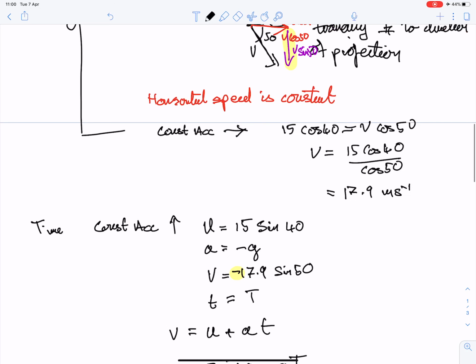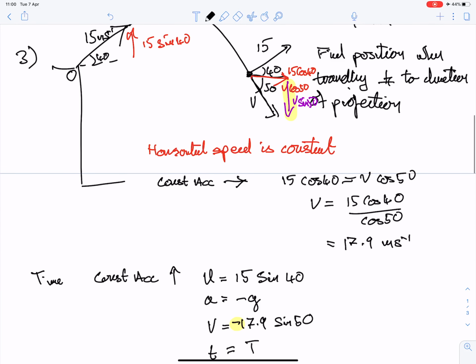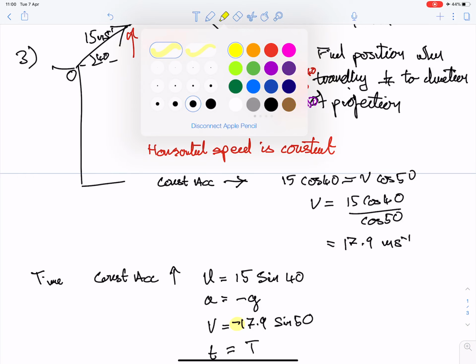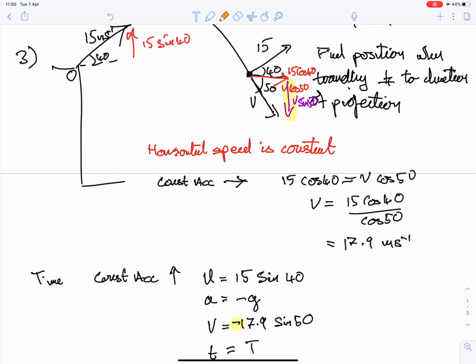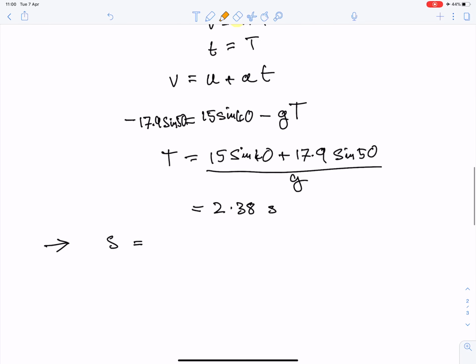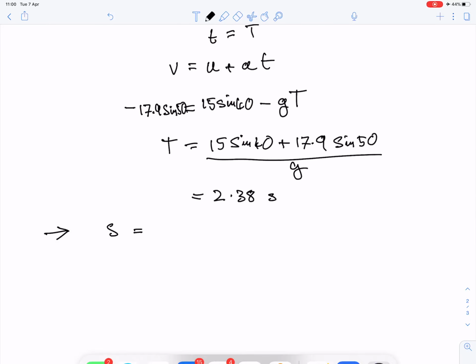We've already got the horizontal speed, haven't we? The horizontal speed is here, isn't it? 15 cos 40. So it's 2.38, that's the value of t, times 15 cos of 40, because that's remained unchanged.